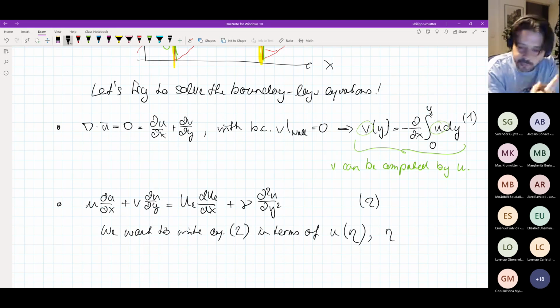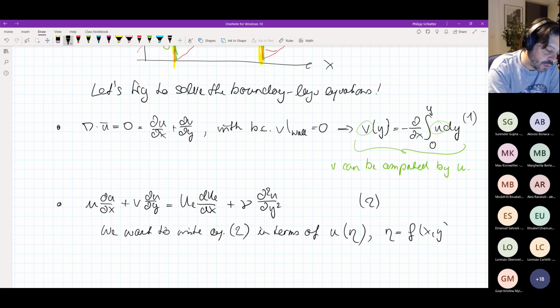And this eta, as before when we did it for Stokes' first problem, should be a function of both x and y. We don't know yet exactly how this function looks, but we know it's a combination of x and y, which gives me this self-similar solution. So that's my idea: I would like to rewrite equation 2 such that v disappears, and I write everything as a function of eta. Of course, that means I'm introducing equation 1 into equation number 2.